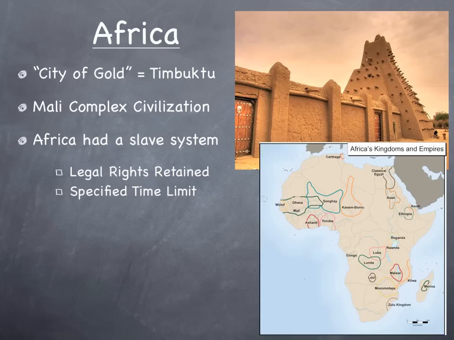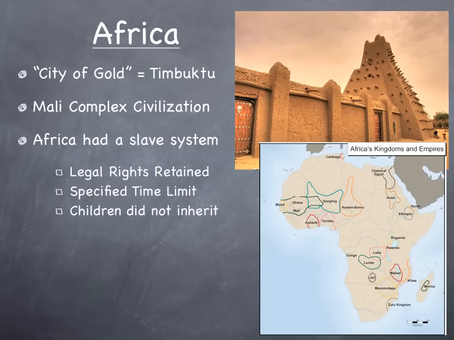But it wasn't like you were a slave forever. It wasn't, I became a slave, so now I'm going to be a slave for as long as I live. Not like that. Lastly, if you had children during this time period, your children did not inherit your bondage. They were considered freemen and exempt from that because they didn't do anything wrong. Makes sense, right?